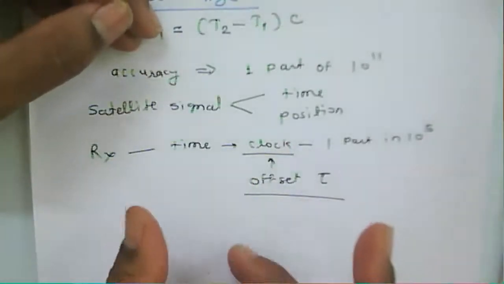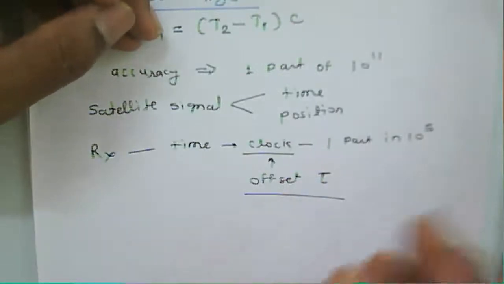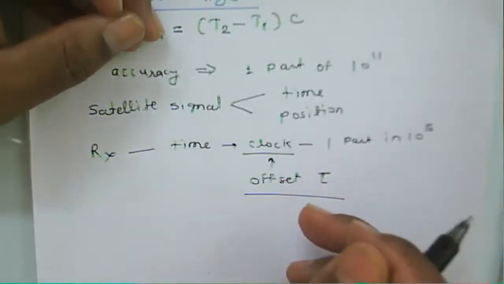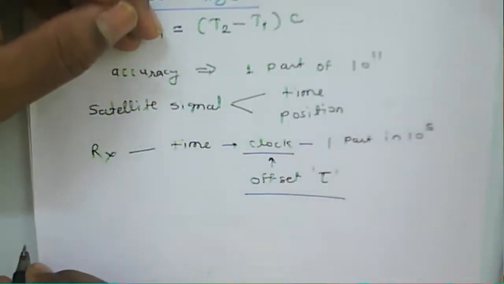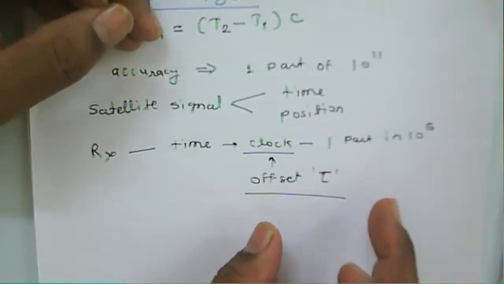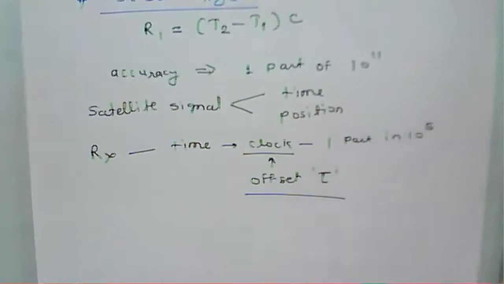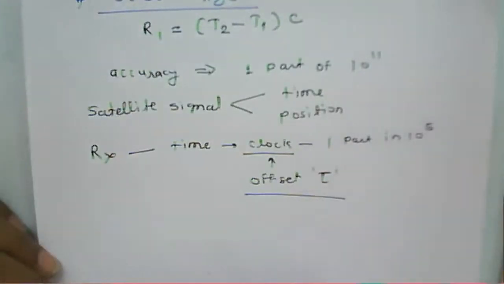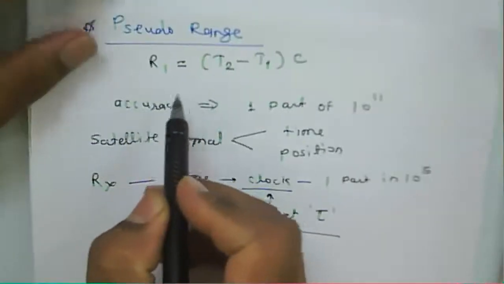So the receiver clock has some particular offset, measured in terms of tau with respect to the satellite, and that offset in the clock results in an error in measuring the delay, or we can say in measuring the range.